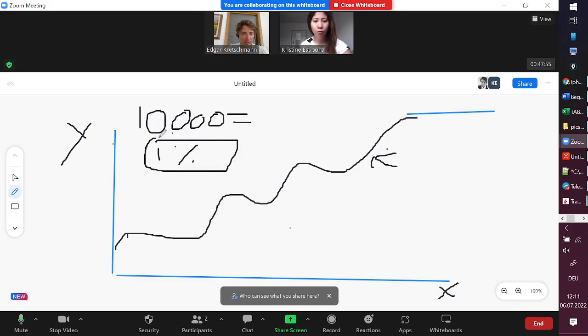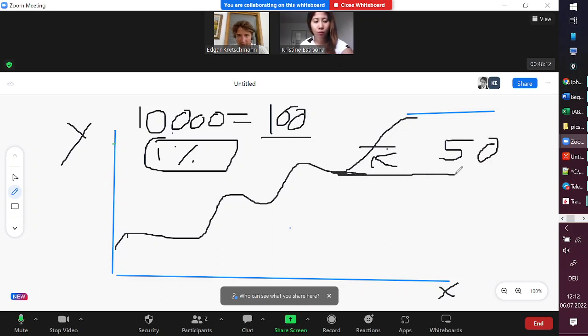And 1% of 10,000 was 100. So we cannot risk more than 100. And let's assume the price is now noted at $50. And here we have a support line at 40.